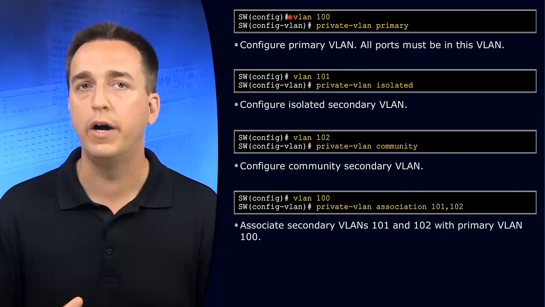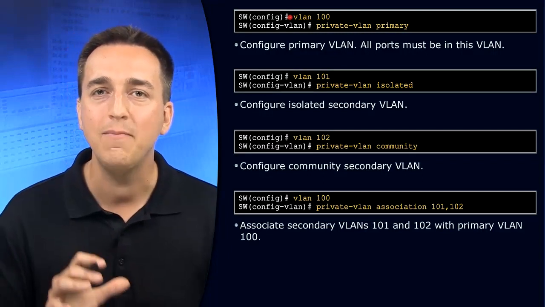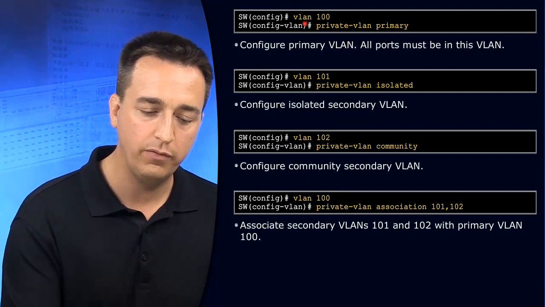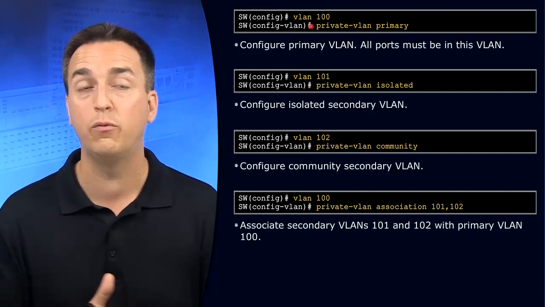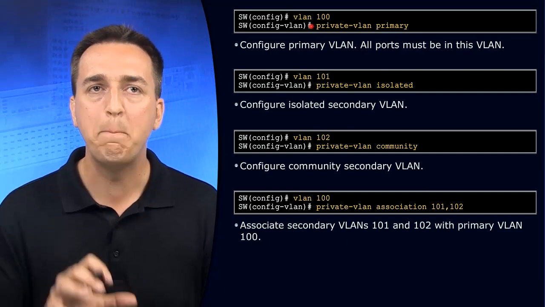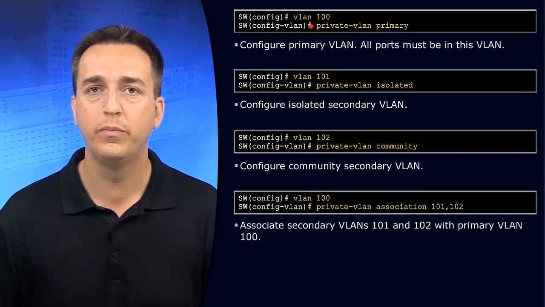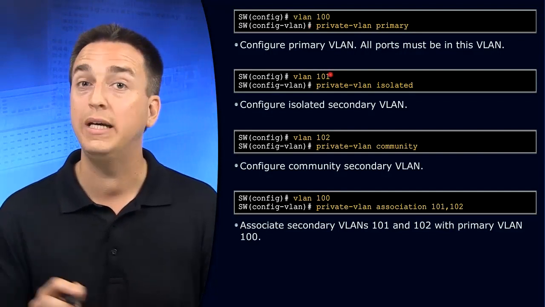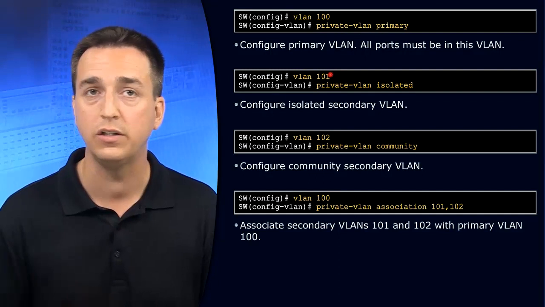So here VLAN 100, we said, is the primary VLAN for the private VLAN. So we type in VLAN 100, and then when we're in VLAN 100 configuration mode, we type in private-vlan primary. This makes this the primary VLAN. And VLAN 101, we said, was going to be an isolated VLAN based on the topology.